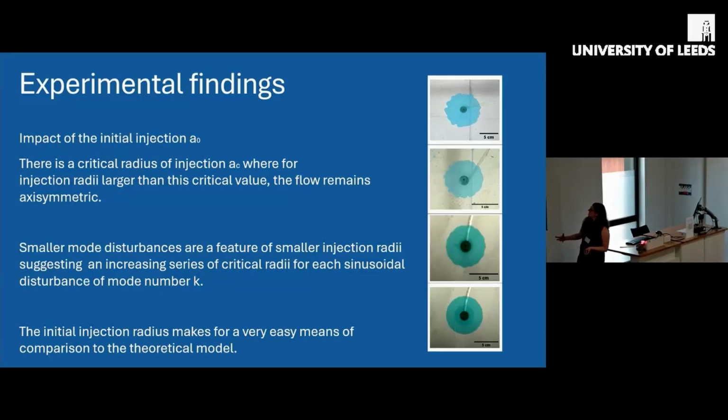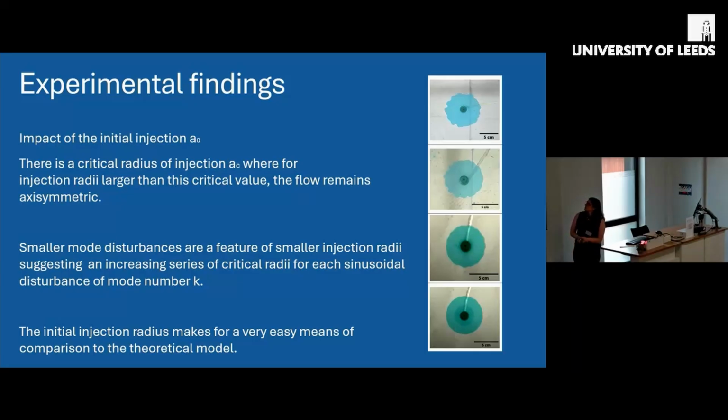So you can see, first of all, that it appears that there are small mode disturbances, at least featured in the top two experiments. But if you look at these, the instabilities are not really that pronounced, and it seems like, if we look at sinusoidal disturbances, we're more looking at low wavelength disturbances in this case.